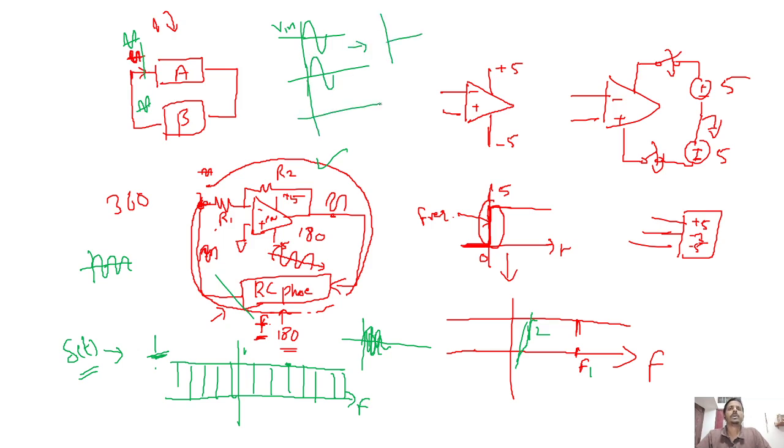Otherwise, if I add an out-of-phase signal, it will be subtracted, so it is negative feedback. So if a signal travels through this path and reaches back in the same phase, then it will add up, I will get positive feedback, and I will get an oscillating signal, which means it should be a positive feedback system.